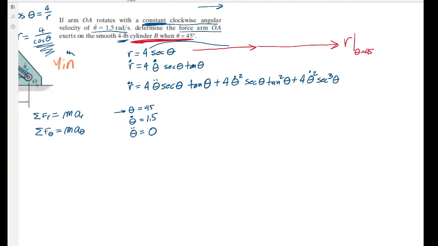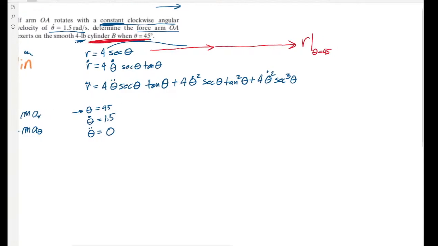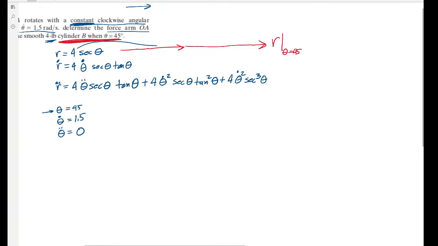He wants to know the information when theta is 45 degrees. So r is equal to 4 secant of 45 degrees. Then you need to know r dot when theta is equal to 45 degrees. Why? Because that's what he asked for.